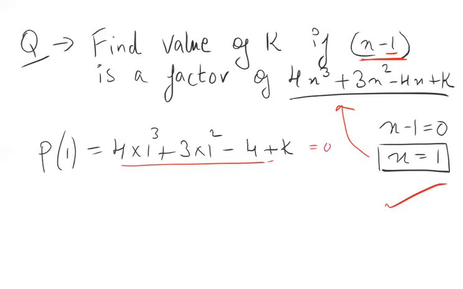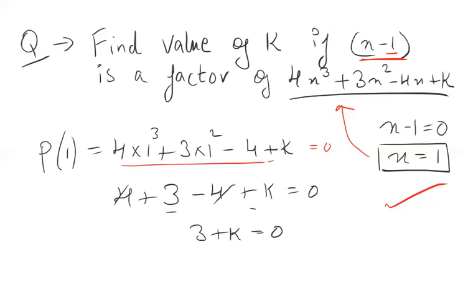So I get 4 plus 3 minus 4 plus k is equal to 0, so 3 plus k equal to 0. Therefore, k is equal to minus 3. So we have got the value of k, and we have used the remainder theorem.